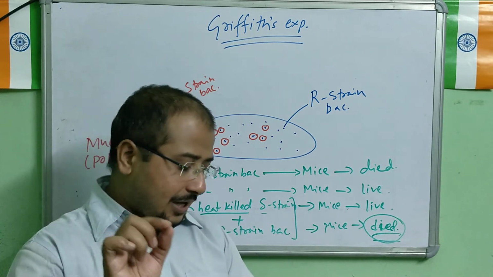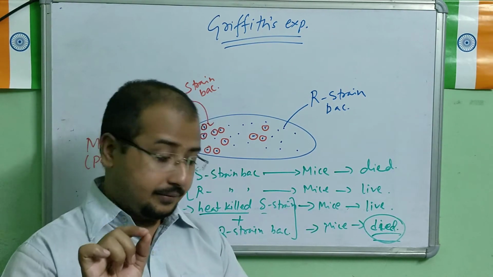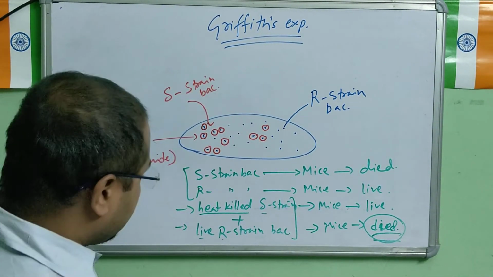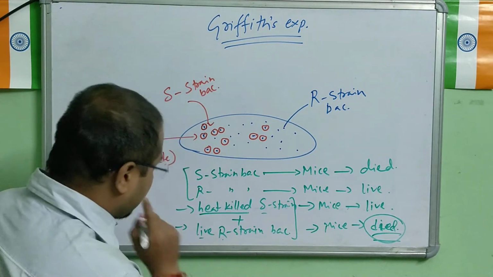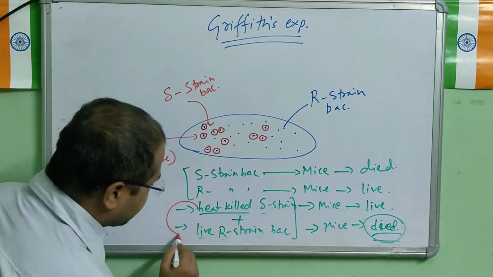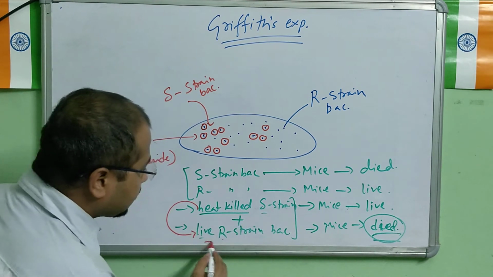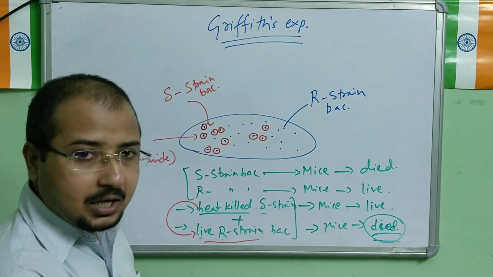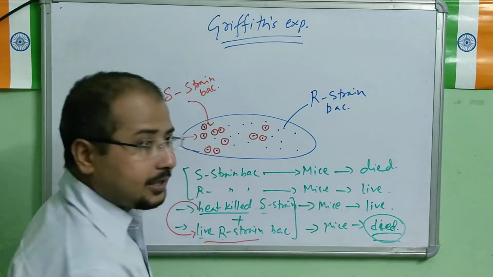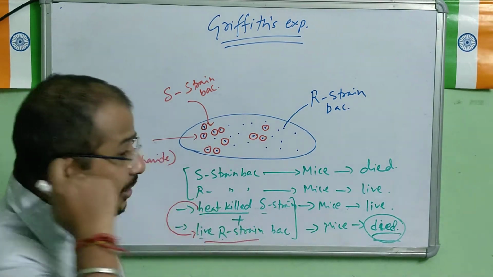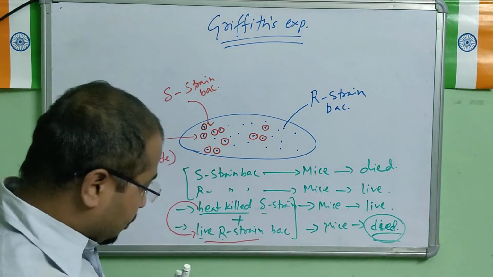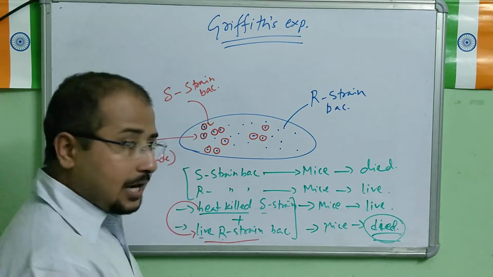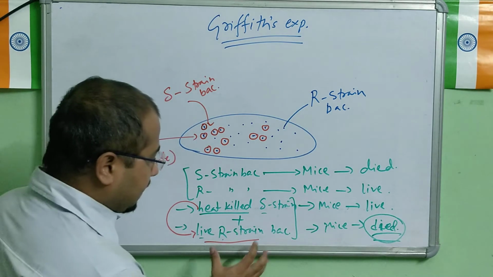So he said that some transforming principle transferred from the heat killed S strain bacteria to the R strain bacteria, and then it transformed the R strain bacteria, which ultimately kills the mice. Here he could not tell what exactly was transferred and transformed the R strain bacteria.